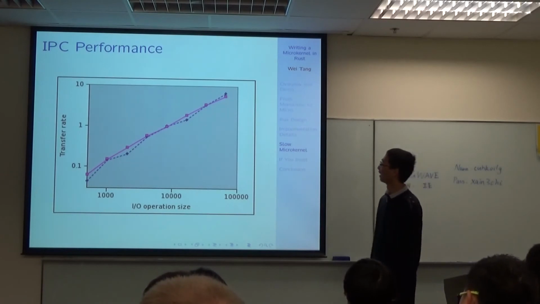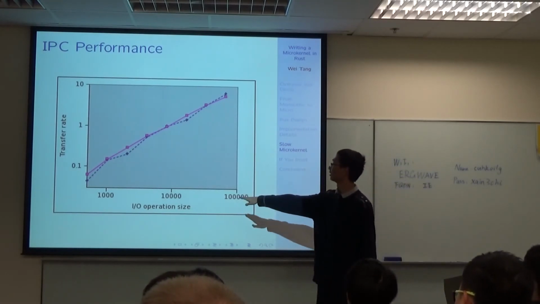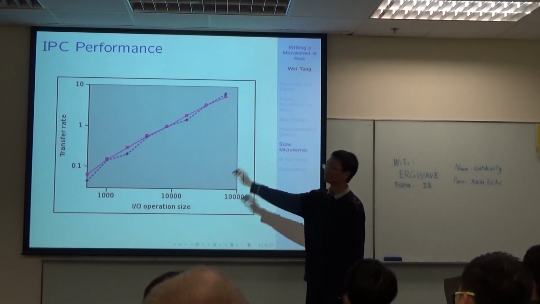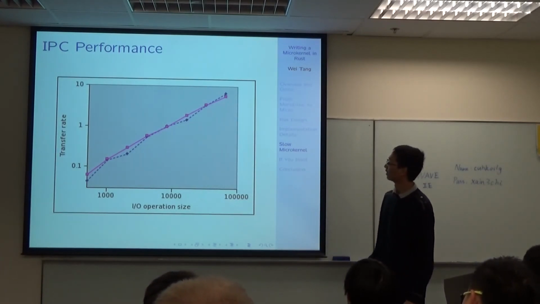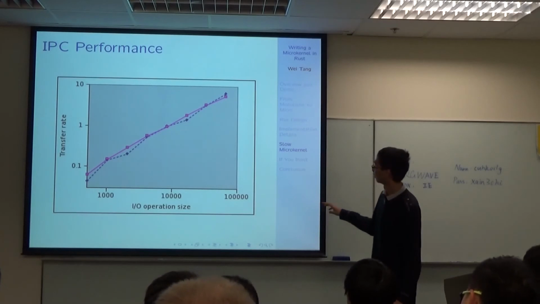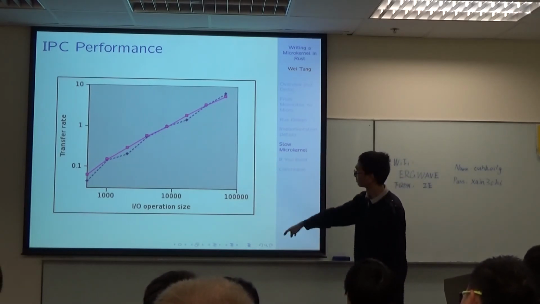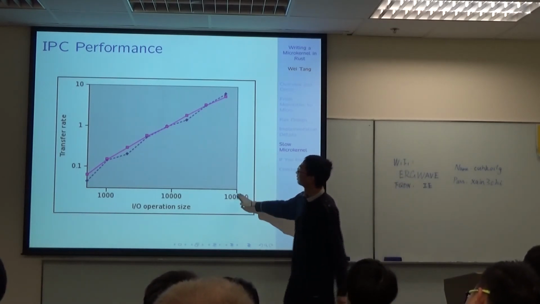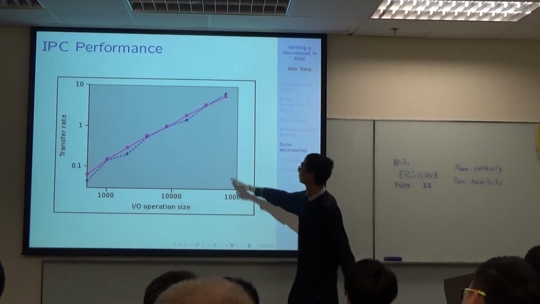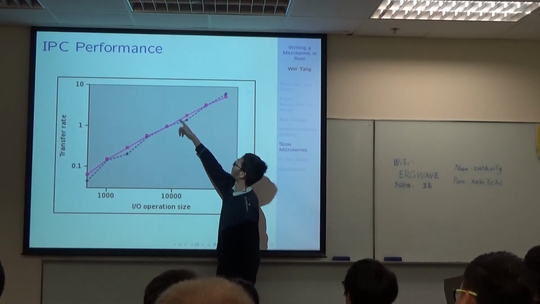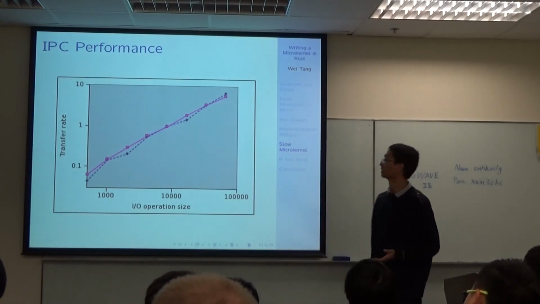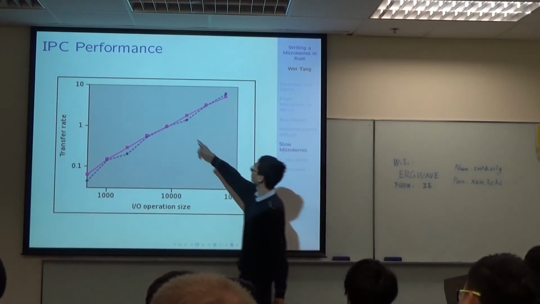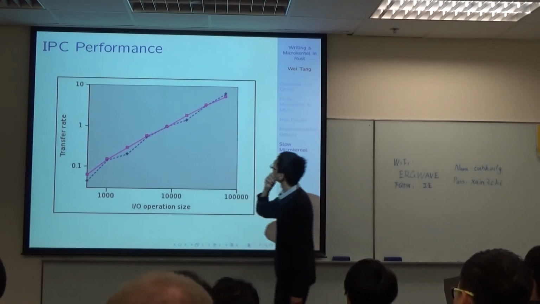So if you look at this graph, this is Minix, which is one of the earliest microkernels, and its actual operation transfer rate. You get this size to this rate, and I think this line should be the Linux kernel or another monolithic kernel, and this line is the microkernel.